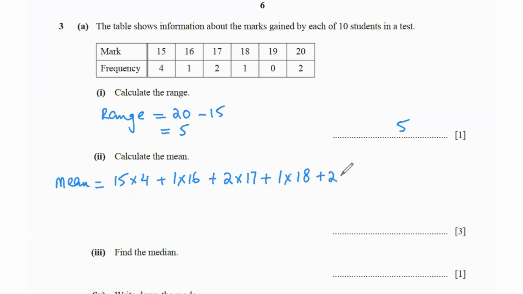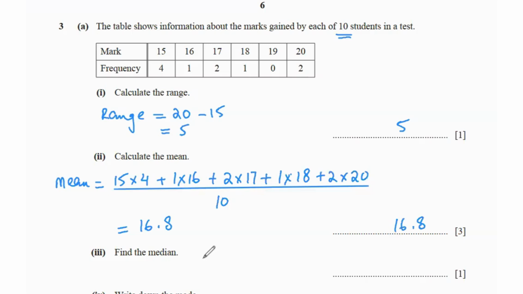And 2 have 20. So this gets divided by the total frequency. That's given as 10. So this will add up to and give us 16.8 as our mean value.